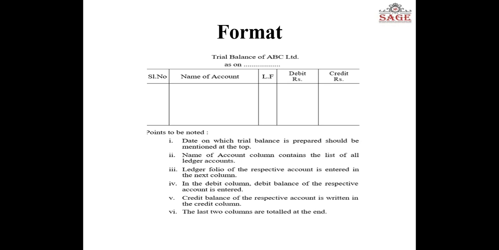Credit balances of the respective accounts are entered in the credit column. The last two columns are totaled at the end and they should be equal. If there is any difference between the debit side and the credit side, the error should be identified and rectified at this stage.